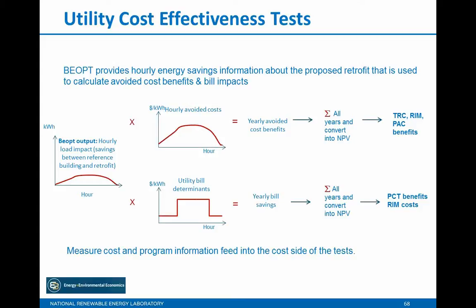It's really taking an integrated approach towards how we calculate the cost effectiveness. Although for the most part, a lot of it will be focused on both the energy efficiency measures and the PV.